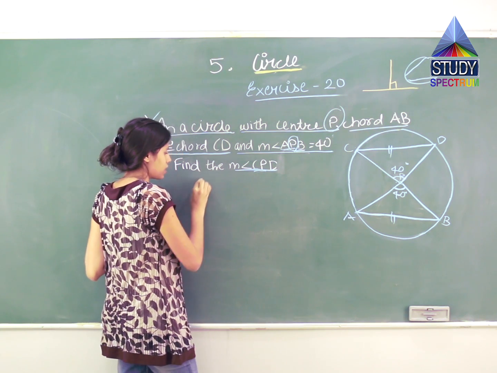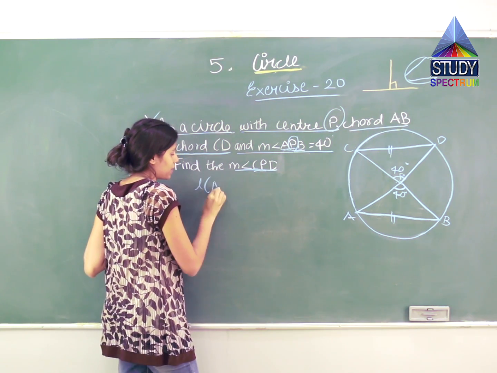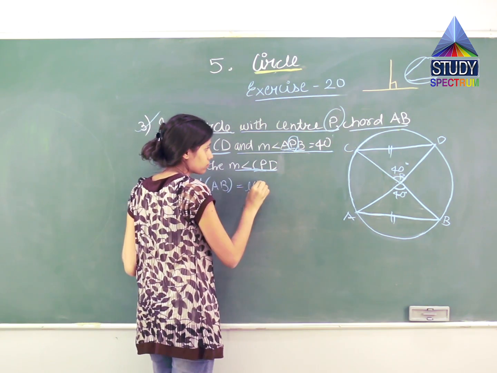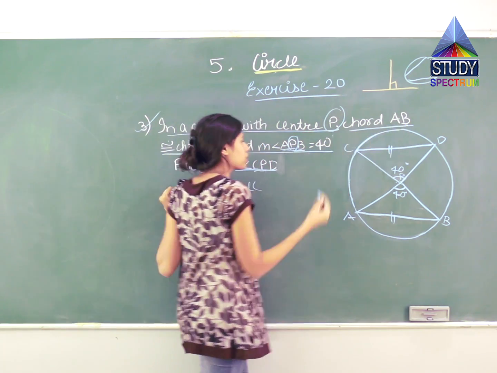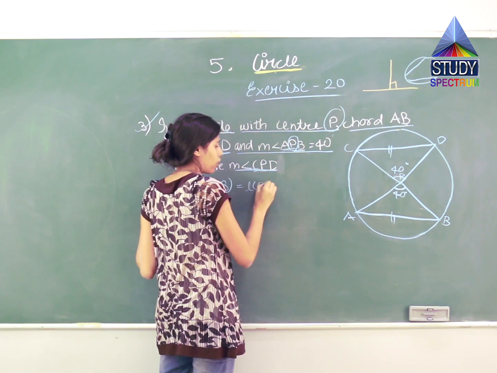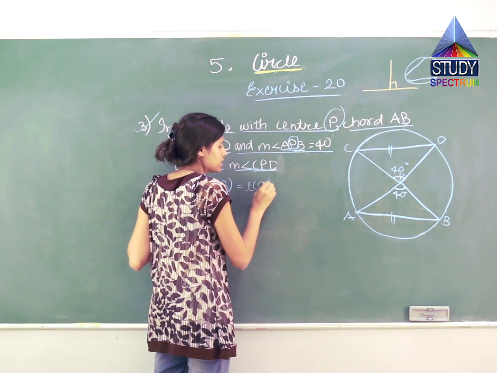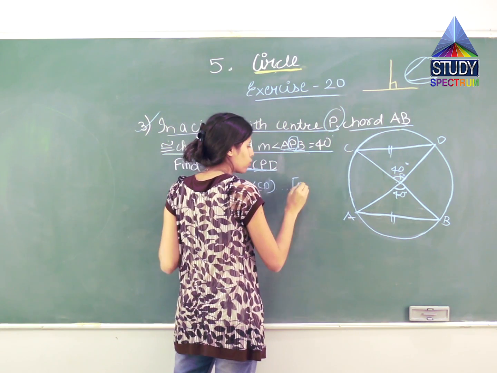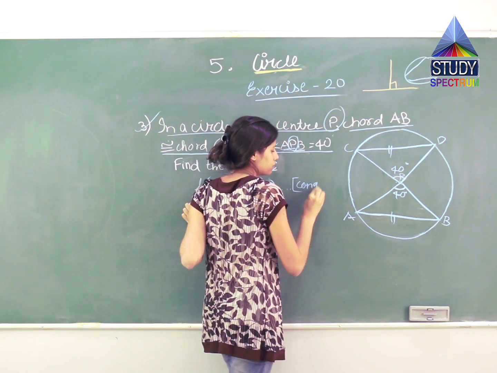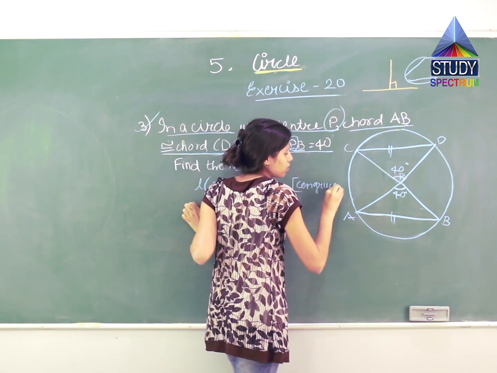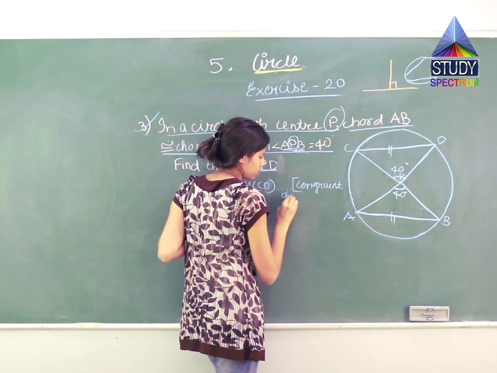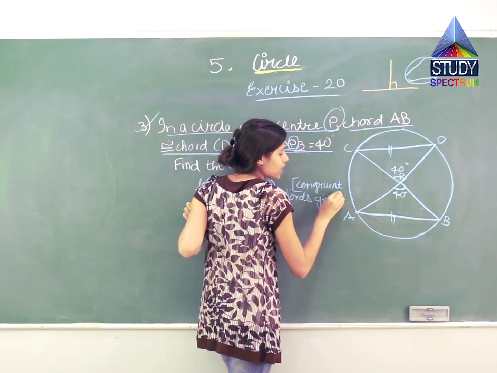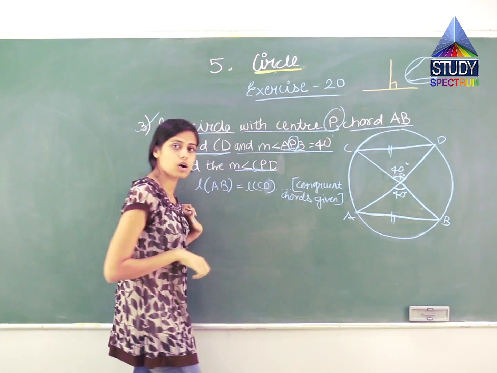You have to write first, length of AB is equal to length of... see, chord AB is equal to which chord? CD. So length of chord AB is equal to length of chord CD. What is the reason? Congruent chords given, which means both the chords are congruent and it is given in the question.